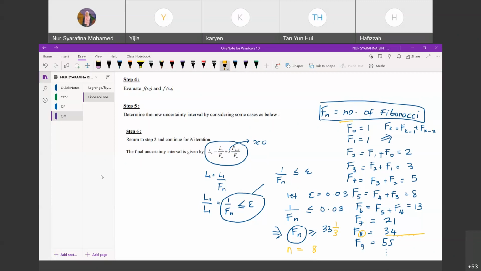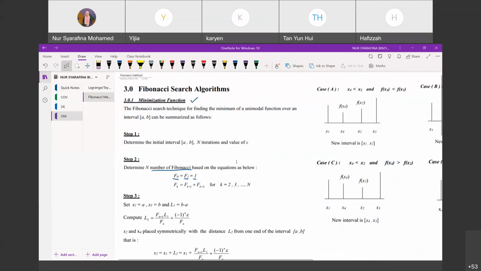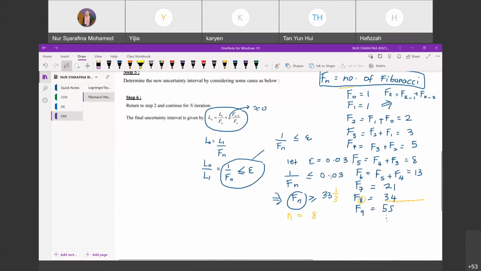Okay, that is how you identify the n iteration, and the value of epsilon usually is given, right? So this one, I give it to you as about 0.03. So 1 divided by 0.03 is 33 1 over 3.